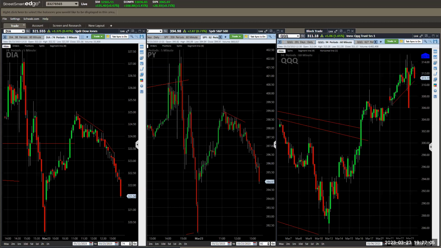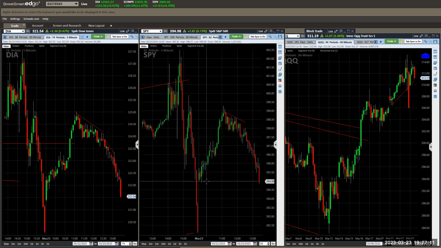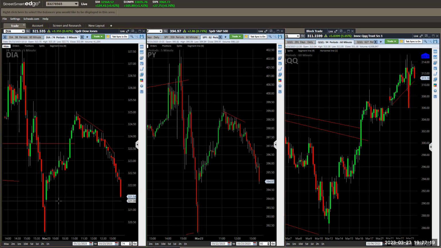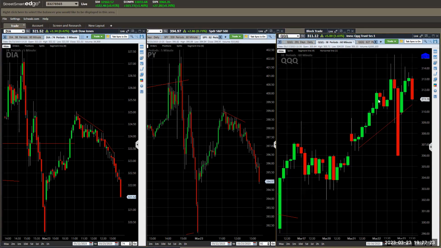Nasdaq. So the SPY are at the low of the day. You see this? They actually broke it to the downside a little bit and jumped back up. The Dow Jones is almost there. The only one that's really up is the Nasdaq, right? The Qs. They didn't come down even to the trend line yet.